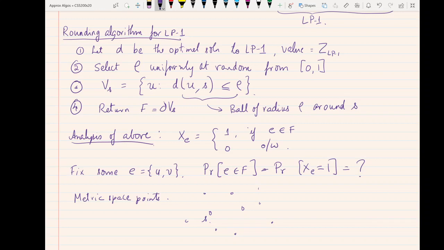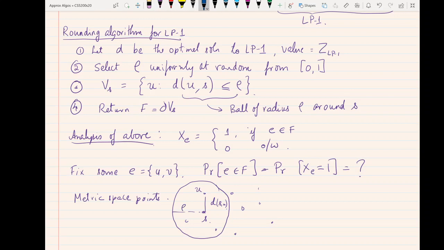You have s and a vertex u, and the distance looks like d of su, according to the value d output by the LP. So I pick a ball of radius rho around s, and that ball is of a random radius, right?